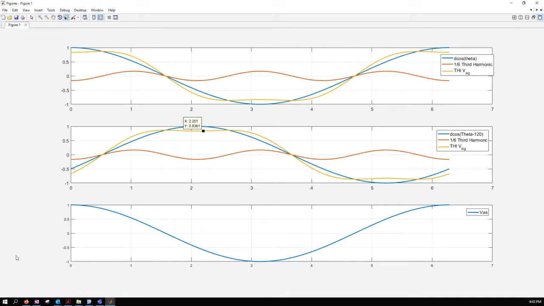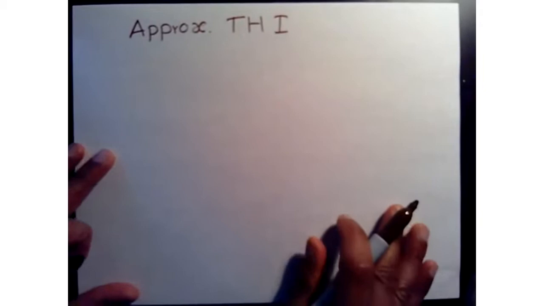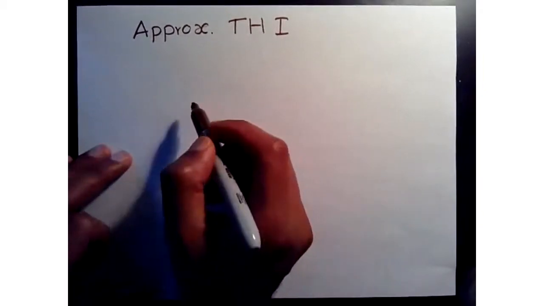But there are more practical schemes that people use in industry that you'll see when you look at code and algorithms that are implemented. And let me show you one such simple implementation. So essentially, your third harmonic component ideally is going to be a sine or cosine, right?